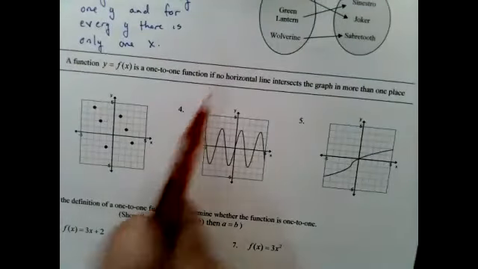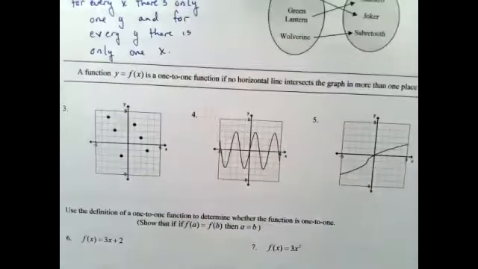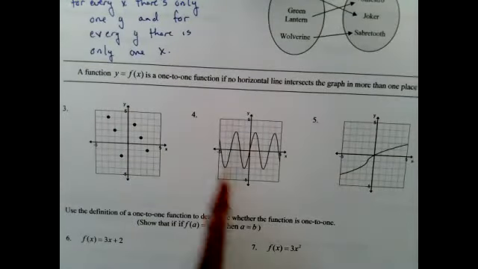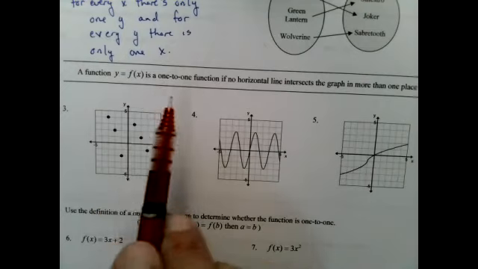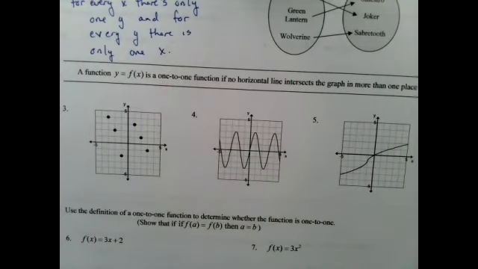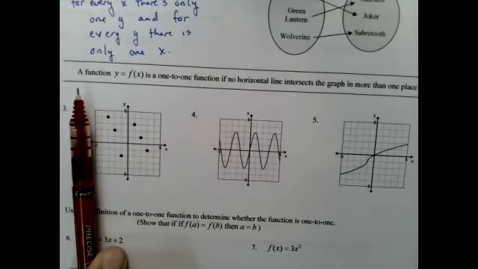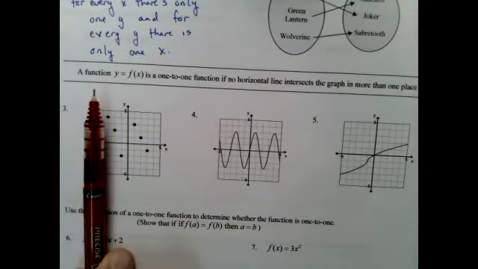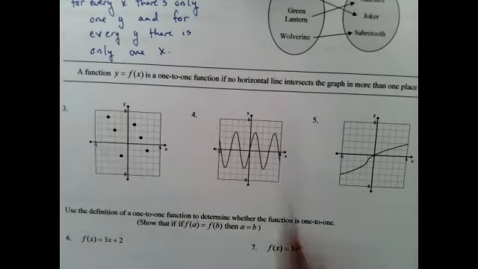A function is said to be one-to-one if it basically passes the horizontal line test, but also passes the vertical line test. Okay, we know the vertical line test. That's this one. As I move across, every x has only one y.